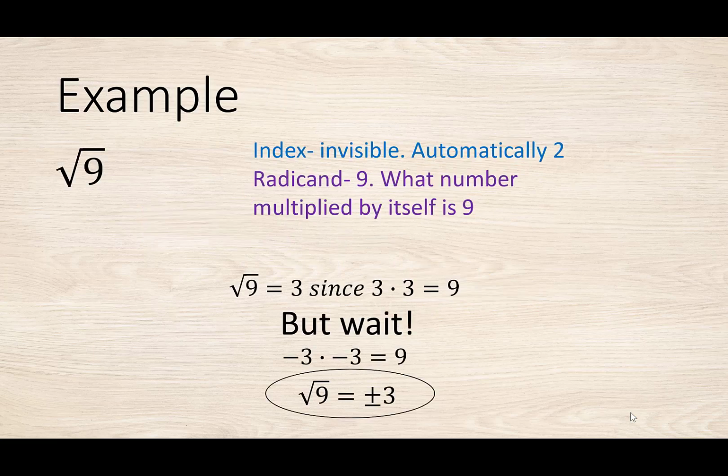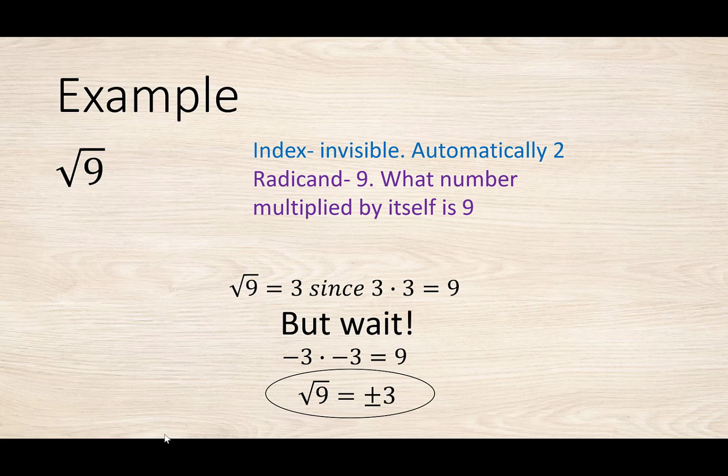So let's look at this example here. If we have the square root of 9, we're going to figure out what that index is, which in this case is invisible because you can see there's no number right here. And when there's no number, it actually is automatically a 2. It's automatically a square root. It's the most common one that we tend to use, so we don't really write it.